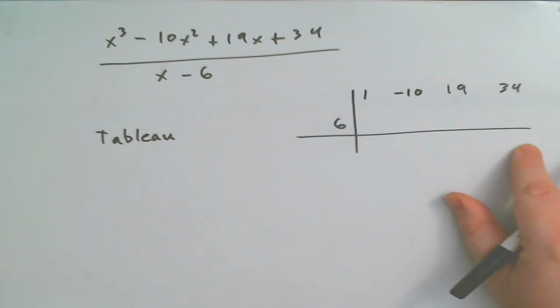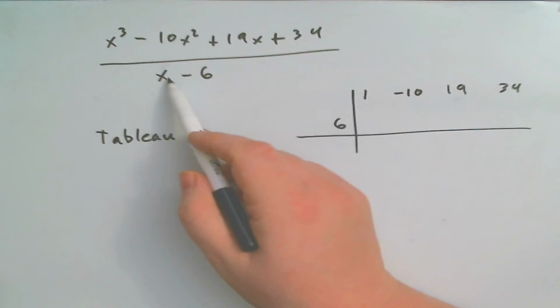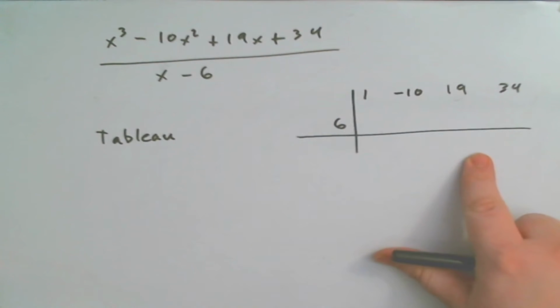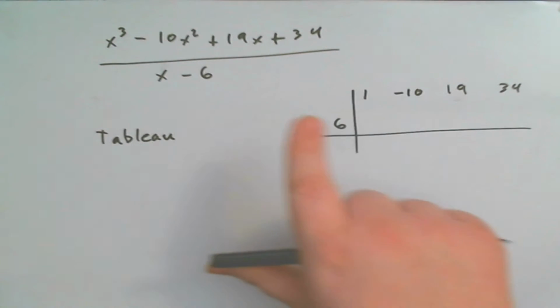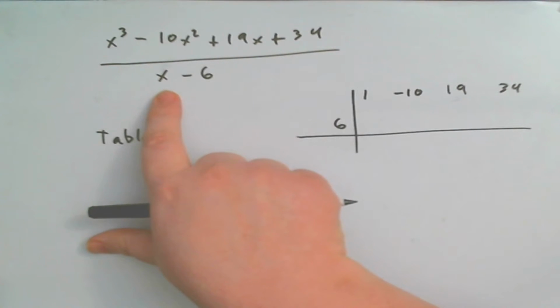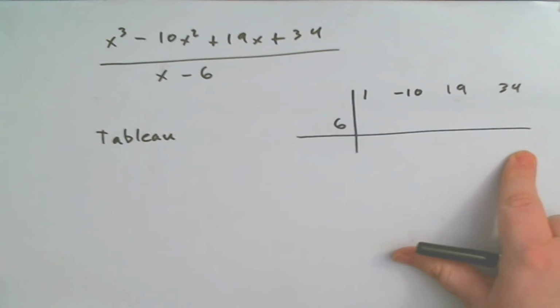A couple things to keep in mind. So this degree here is 3. We're dividing by a degree 1 polynomial. So our quotient is going to be a quadratic. Also, our remainder is always 1 degree less than our divisor. So if our divisor is a first order or a linear divisor, our remainder is going to be a constant number, 1 degree less than that.